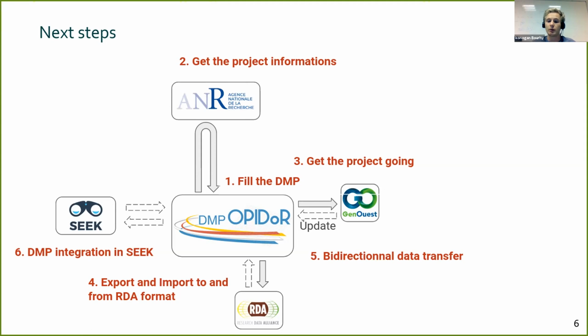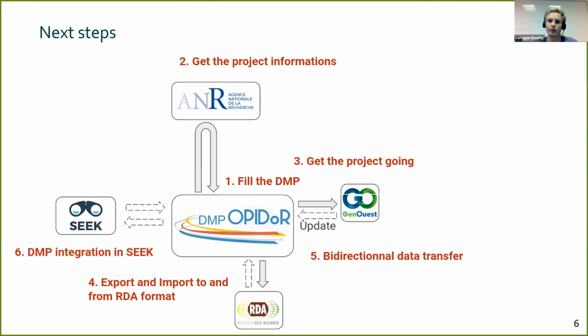We also want to have a bidirectional data transfer. That is the core of the project at the end of the day, because for now we are able to extract information from the DMP as a platform, but during the project we also want to be able to push updates to the DMP.